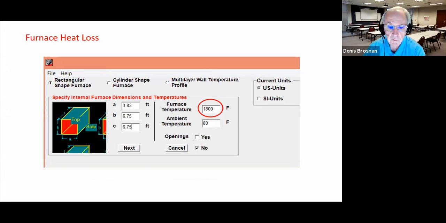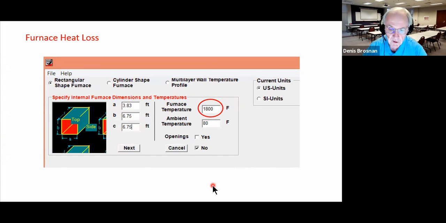So here we go, and we've gone to furnace heat losses. We've taken a rectangular shaped furnace. We've added the dimensions of the interior chamber. I noticed in review that I'd used 1800 degrees Fahrenheit here instead of 2000. That's a simple mistake.